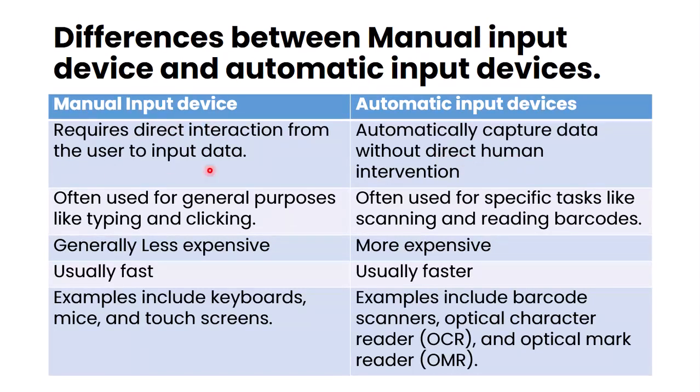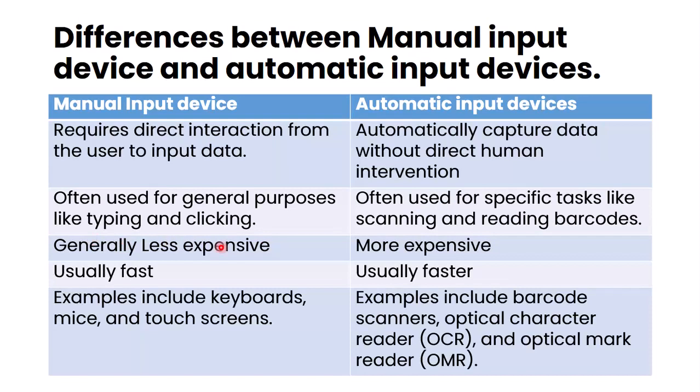For the manual ones, they are often used for general purposes like typing and clicking. But for the automatic ones, they are used for specific tasks such as scanning and reading barcodes. So this is for a general purpose, and this is for a specific purpose. Generally, the manual input devices are less expensive.